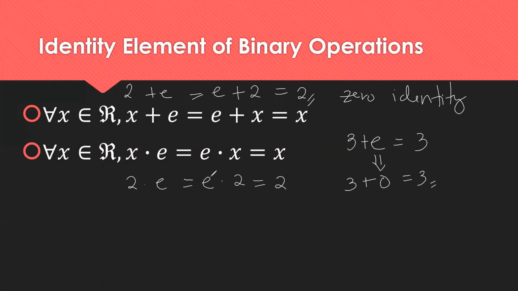What number are we going to multiply to 2 for us to have a product of 2? That is 1. So 2 times 1 is equal to 1 times 2, which gives us a product of 2. Meaning 1 is the identity element for multiplication.